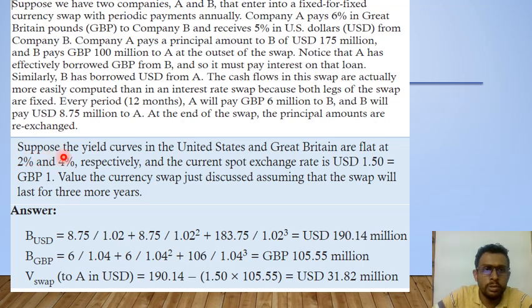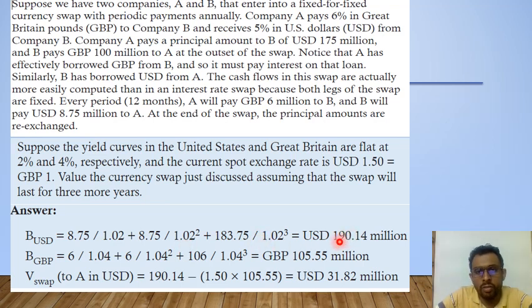And the question is, suppose the yield curves in the United States and Great Britain are flat at 2 and 4%. The spot exchange rate is 1.5 USD per GBP. Value the currency swap just discussed, assuming the swap will last for 3 more years. So this is the present value of USD denominated payments. The USD denominated payments are 8.75 million, discounted at the first year, the second year, and the third year.